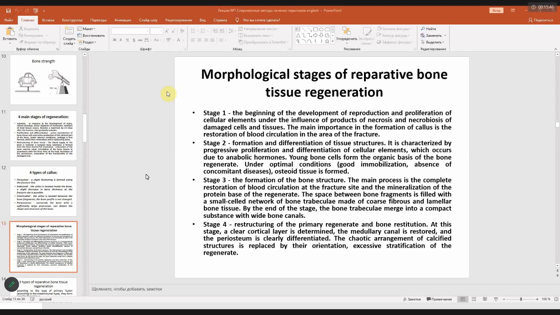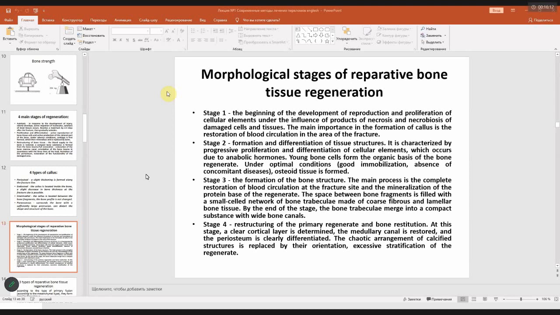Young bone cells form the organic basis of the bone regenerate. Under optimal conditions, good blood supply, good immobilization, absence of concomitant disease, osteoid tissue is formed.